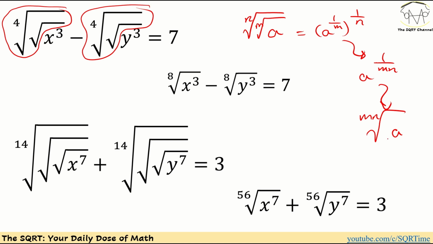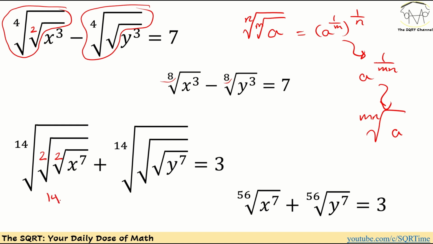Now if we want to use whatever we have here, I can combine these two and then say that this is the second root, and here we have the fourth root. We are going to multiply them, so it's going to be the 8th root. And a similar thing for y, and then for this one we have 2 and then 2 and 14.